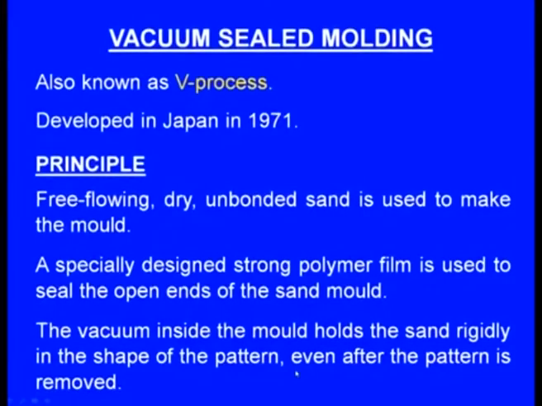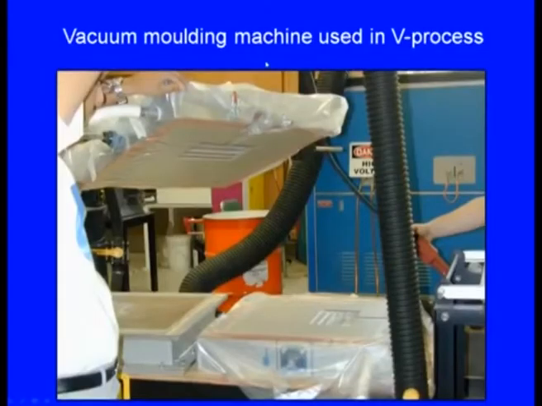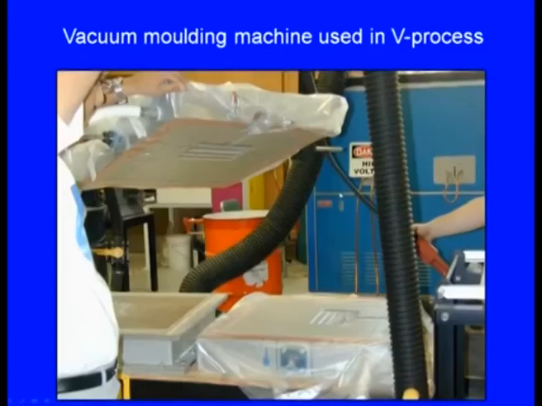So, vacuum will be applied to hold the dry sand strongly in the required shape. Here we can see the vacuum molding machine, and here we can see vacuum is applied. This is the general setup of a V process, or the vacuum sealed molding process.